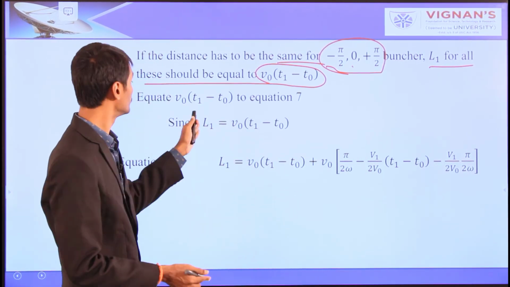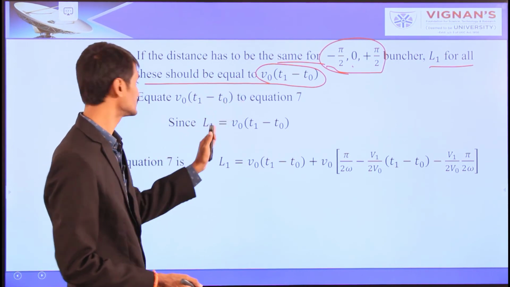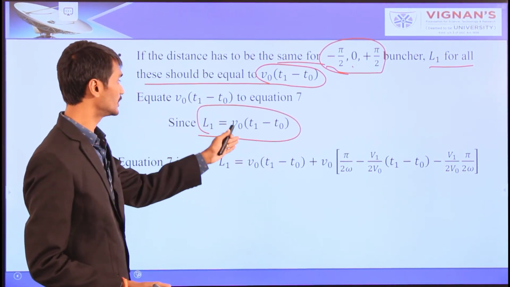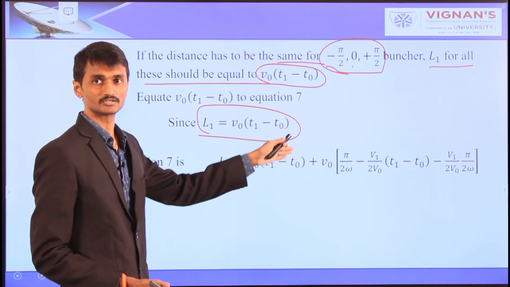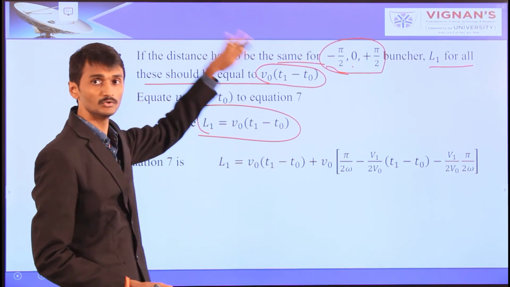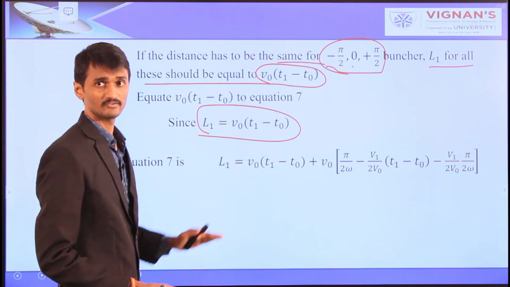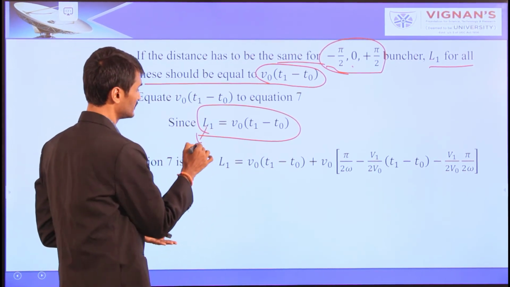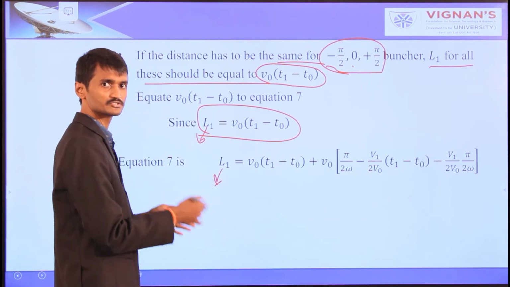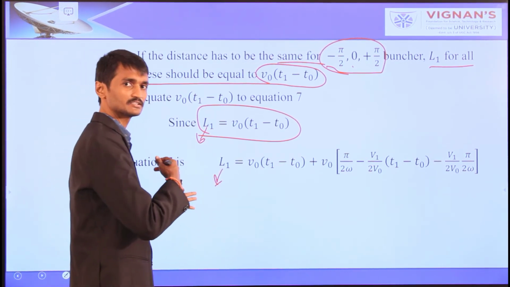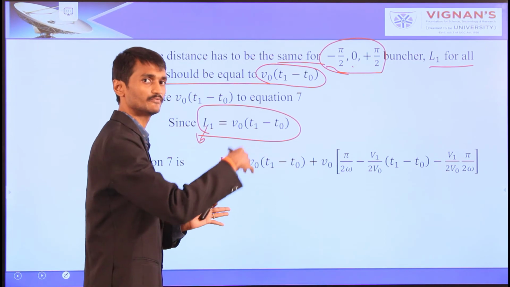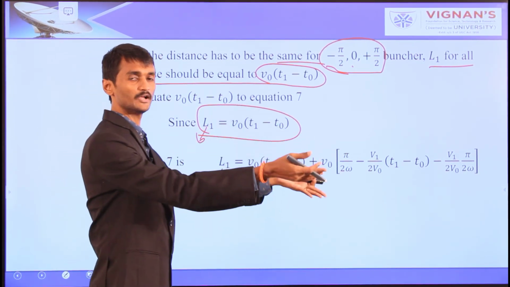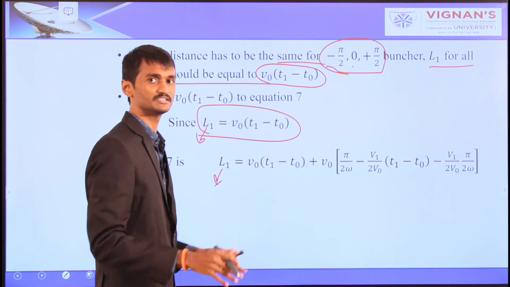V0 into T1 minus T0 is nothing but L1, that we already know. So L1 is equal to V0 into T1 minus T0, which we have to equate to the 7th equation, because the distances are the same. L1 is here, it is the same, and in equation 8 it is also the same L1. All the electrons travel the same distance but with different velocities because of velocity modulation. At the final point they form the electron bunches.